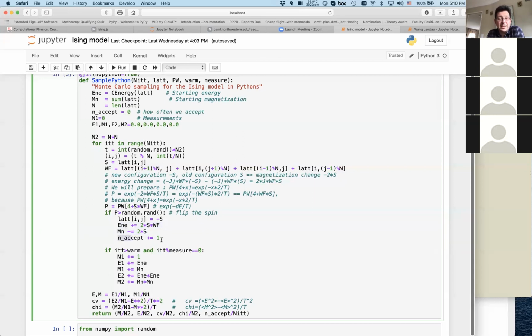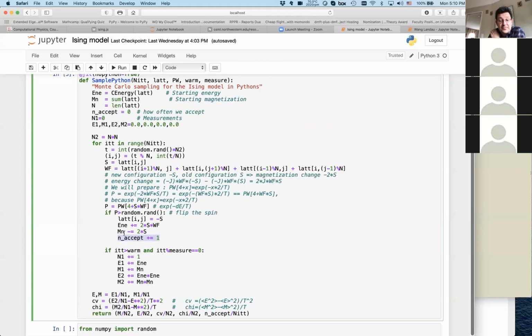And at the same time, we're adding n accept plus equal 1. So this line is new, different than what you have in your notebook that you downloaded from the internet. Why am I doing this? Because I want to show you how often we accept the step.